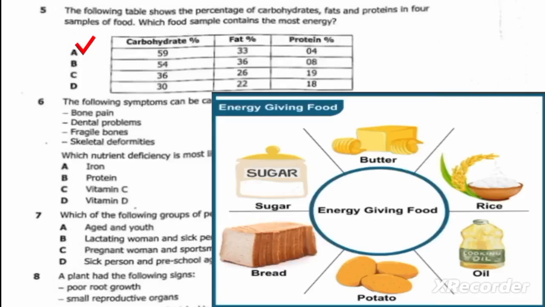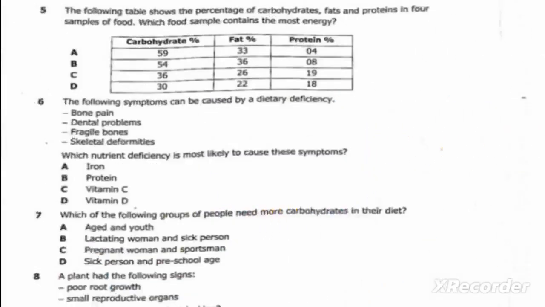We shift to the next question, which is question 6. The question reads, the following symptoms can be caused by a dietary deficiency: bone pain, dental problems, fragile bones, skeletal deformities. Which nutrient deficiency is most likely to cause these symptoms?